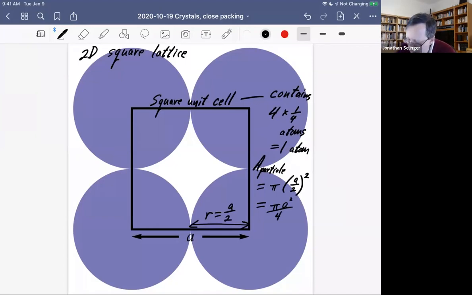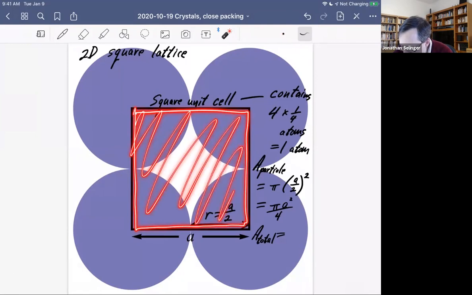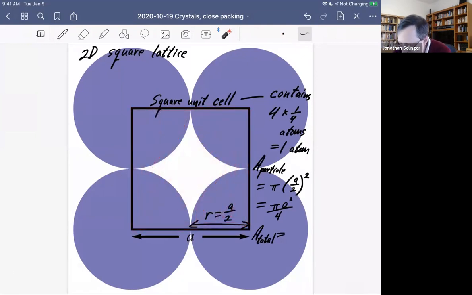Right? By comparison, the total area is the area of this unit cell, so the area of this square, right? And the area of a square is A squared.